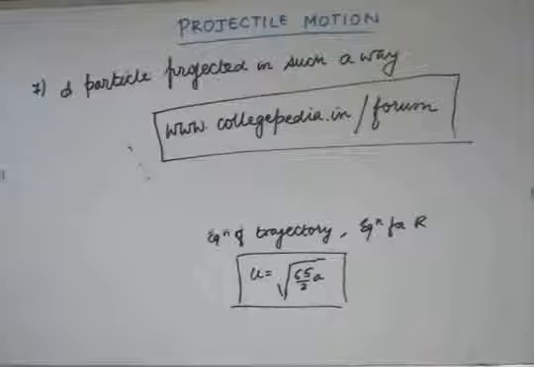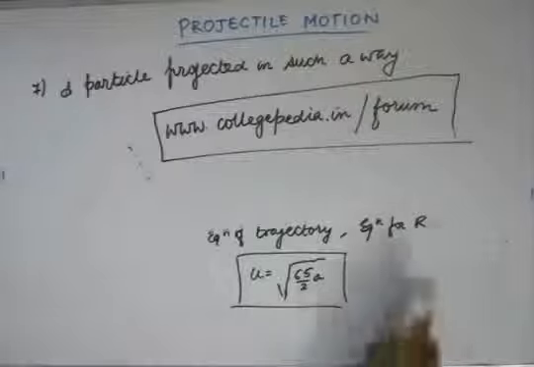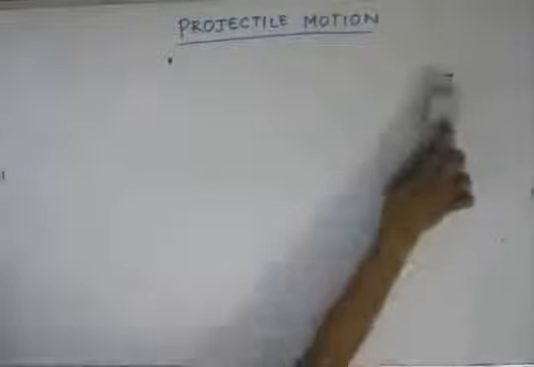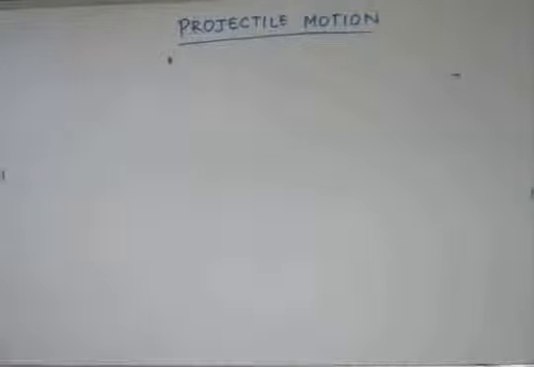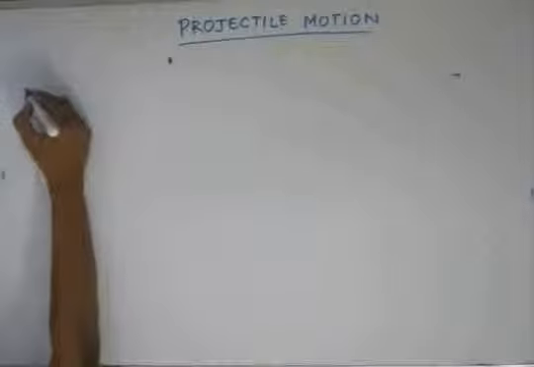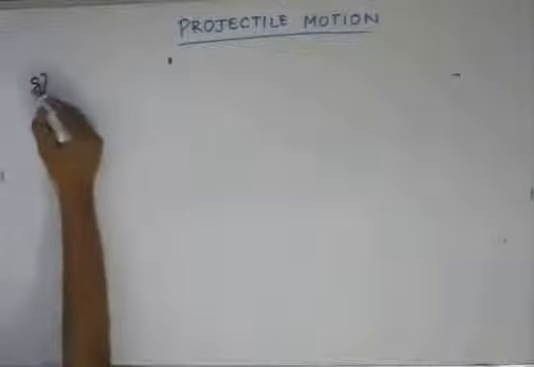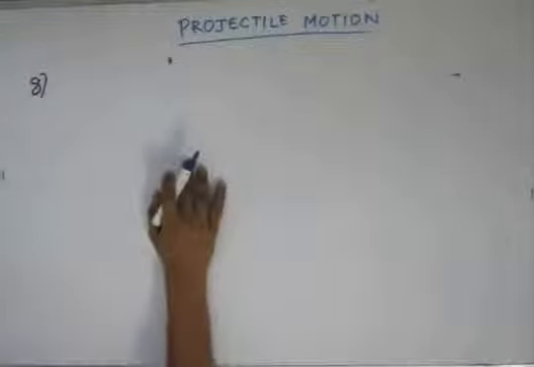So now again let's move to the last problem on projectile motion, where the particle is projected from a surface. The last problem, that is the 8th problem I guess, is as follows.